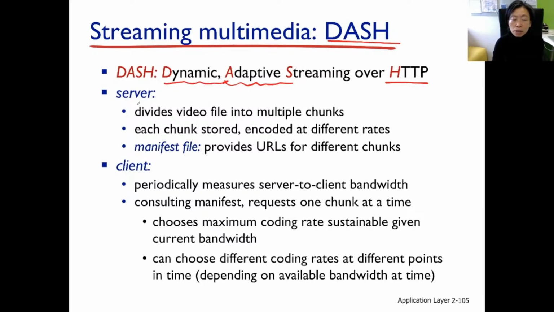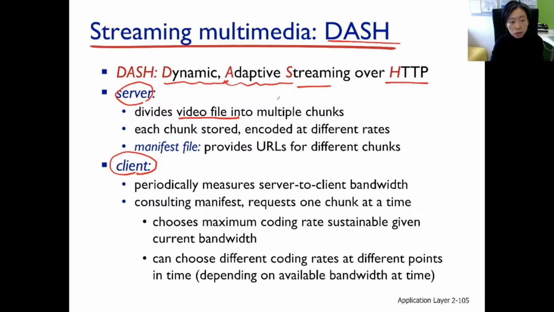So the main intelligence is actually at the client side. What the server does is just to prepare such that the client can be intelligent about streaming video over the internet. Video files are usually large, and it's usually many frames being played or transmitted over time.